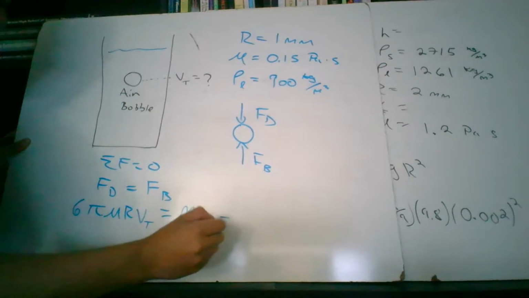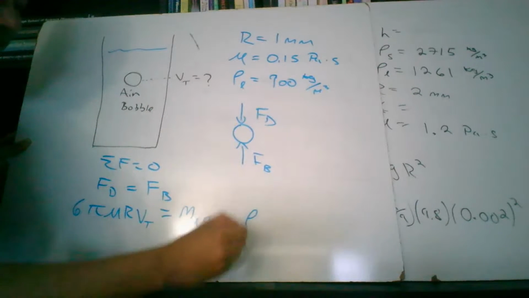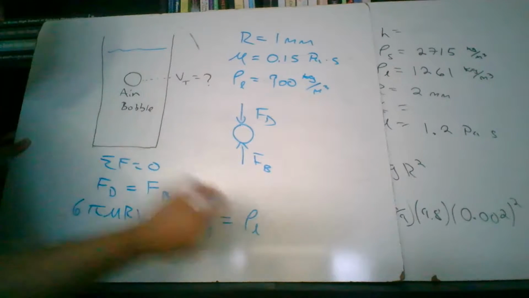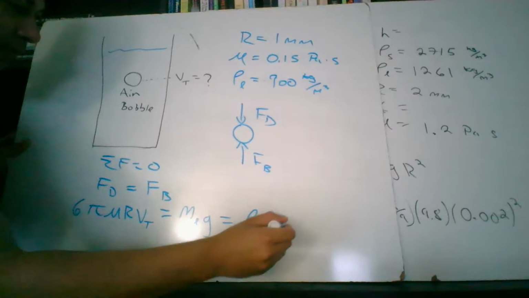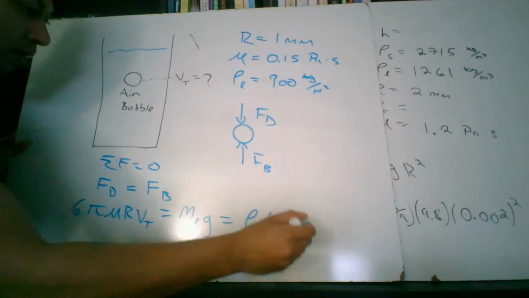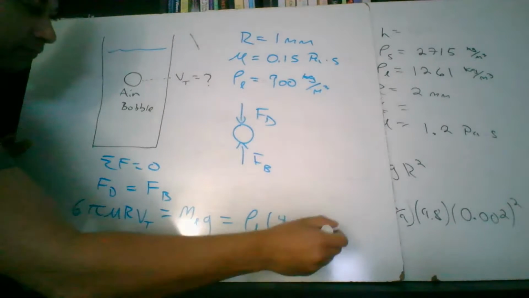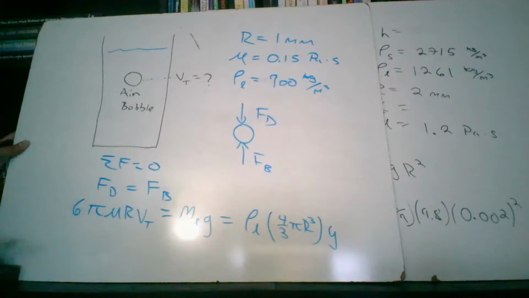And we can write that in terms of density. So it would be the density of the liquid multiplied by the volume of the liquid, which would be 4/3 pi r cubed, multiplied by g. Okay, so this is equal to that right there.